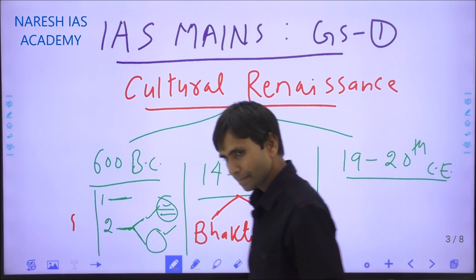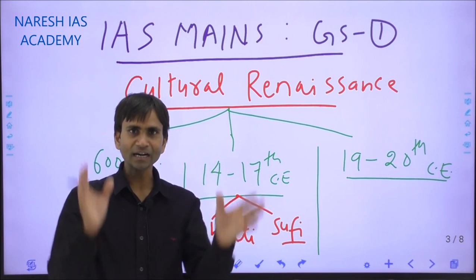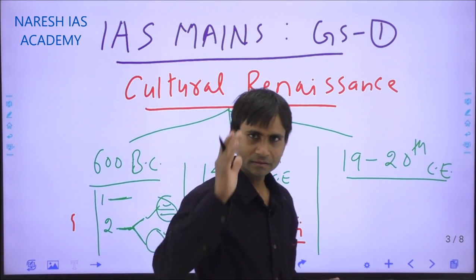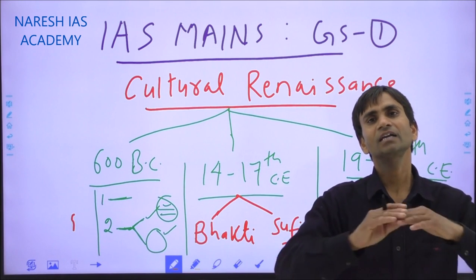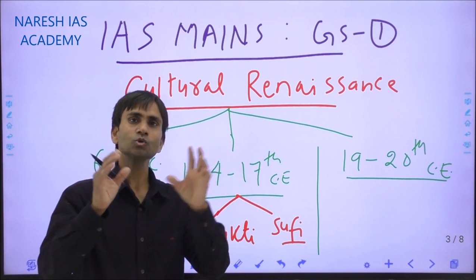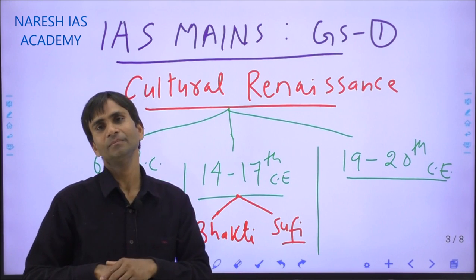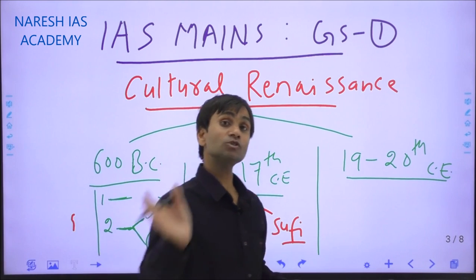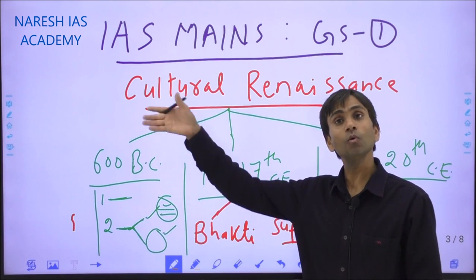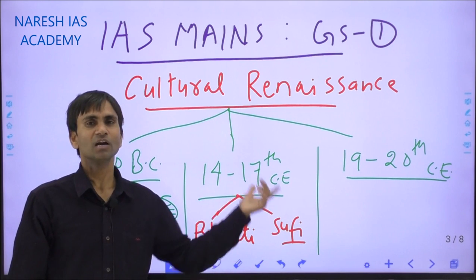So we can say simply that Bhakti and Sufi saints explained the real nature of religion, and they said God is one, a single identity with different names, and it led to social and religious tolerance between Hindus and Muslims, because Islam has its own supremacy, God is Allah, Khuda, and Hindus have their own supremacy, God exists in the form of Lord Narayan, Vishnu, Lord Ram, Lord Krishna, Lord Shiva.